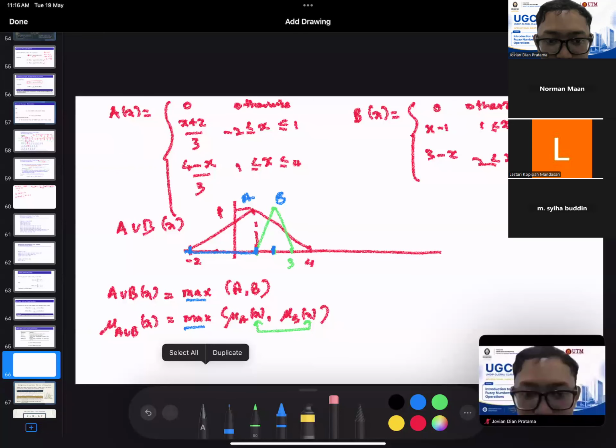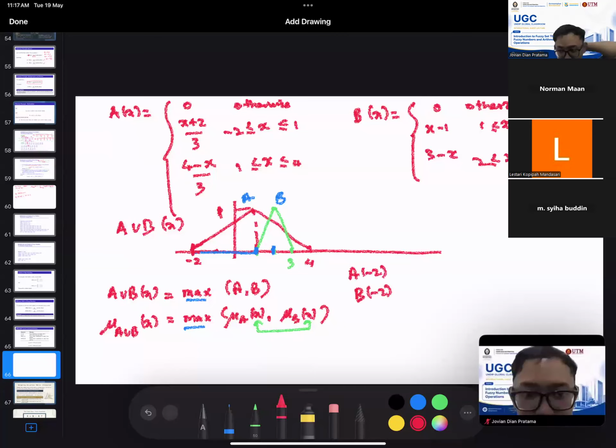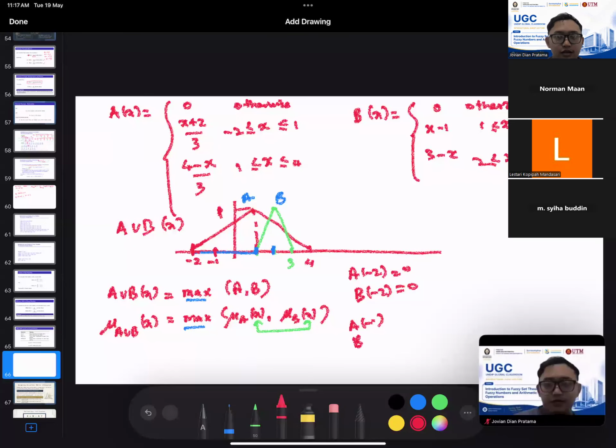When x is minus 2, A(-2) and B(-2) produce the same value, which is 0. When x equals minus 1, A(-1) has a fuzzy value, alpha, but for B it is still 0.